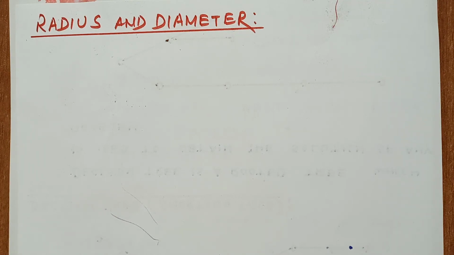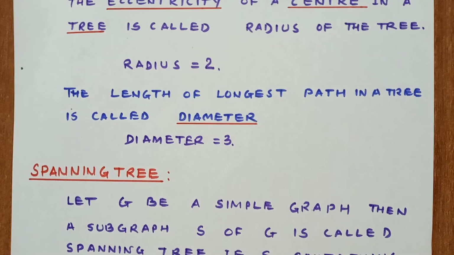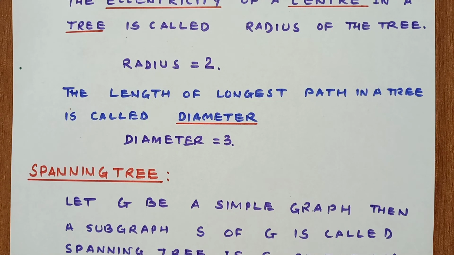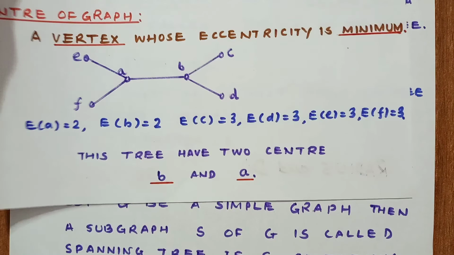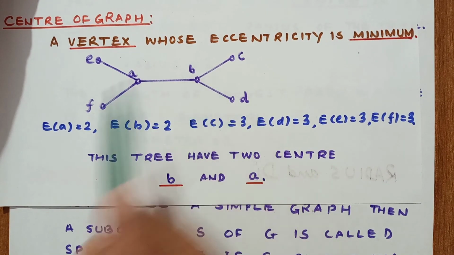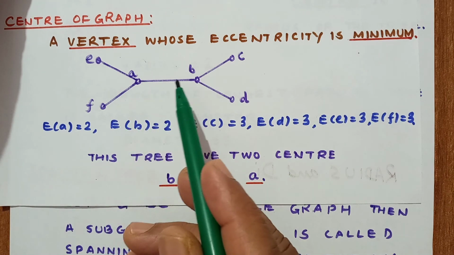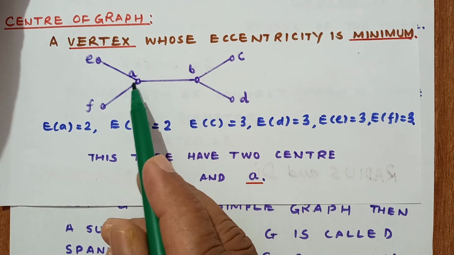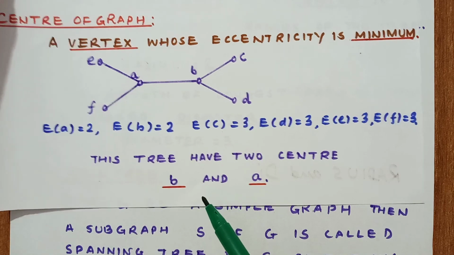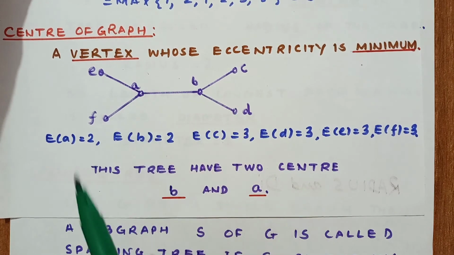Now, radius. The eccentricity of the center in a tree is called the radius of the tree. For example, we have calculated the center of this tree. The center is A and B. What is the eccentricity of A? 2. So the radius of this tree is 2.